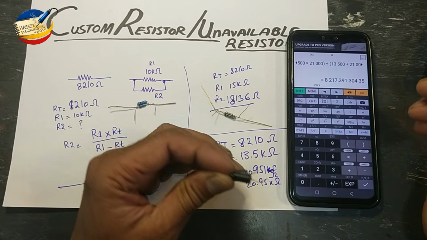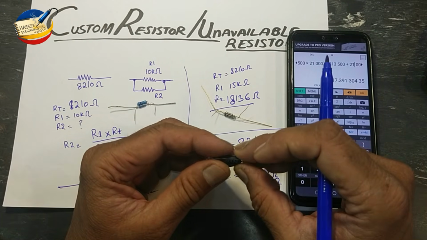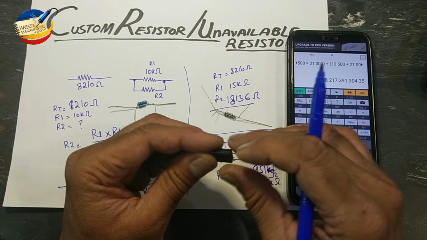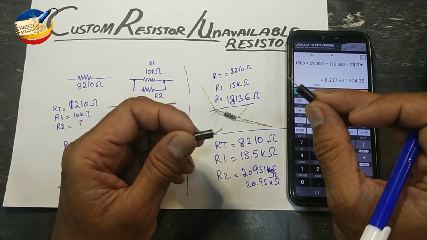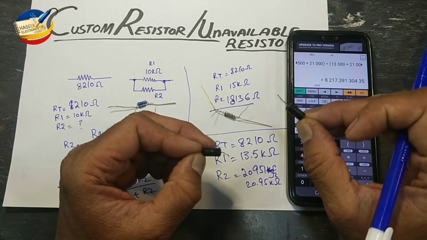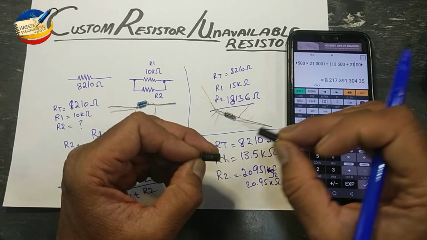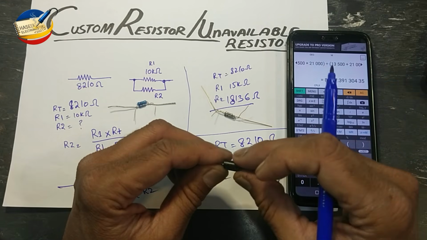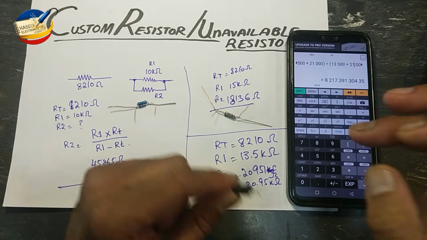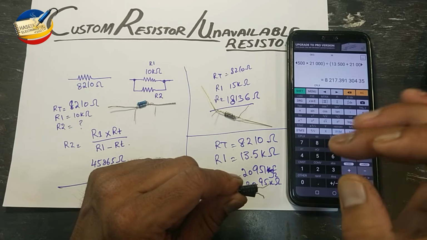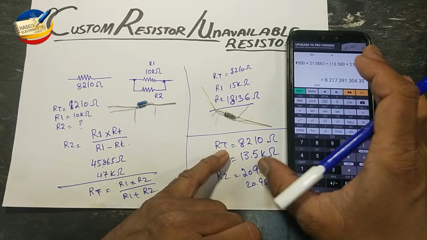So we will use a 21K resistor if we can find one, or we can readjust the value. If this is 13K, we can select any closer value, 12K, whatsoever. So using this technique, we can find the exact match to our resistor value.